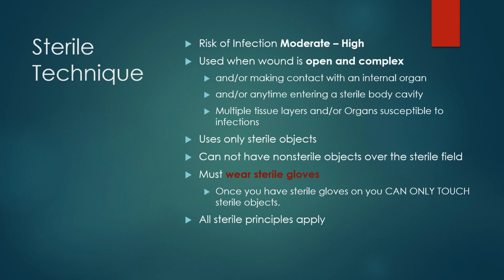This only uses sterile objects. We cannot have any unsterile objects near the sterile field, and we must wear sterile gloves. Once you have a sterile glove on, you can only touch sterile objects, which is part of the sterile principles, which we will go over shortly.